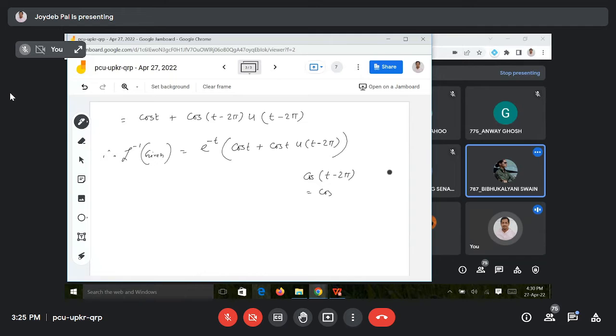It is cos of 2 pi minus t, because you know that cos of minus theta is equal to cos theta. So I can write this. Now it is cos of 4 into pi by 2 minus t. Now in which quadrant is that angle, 4 into pi by 2 minus t?